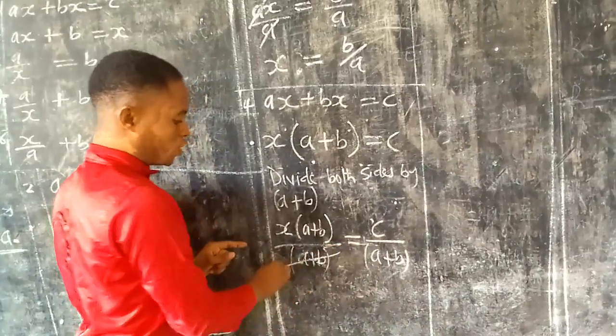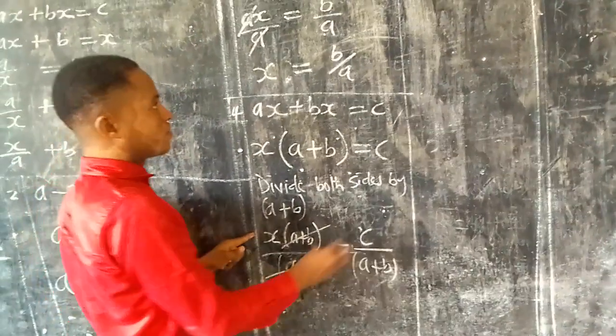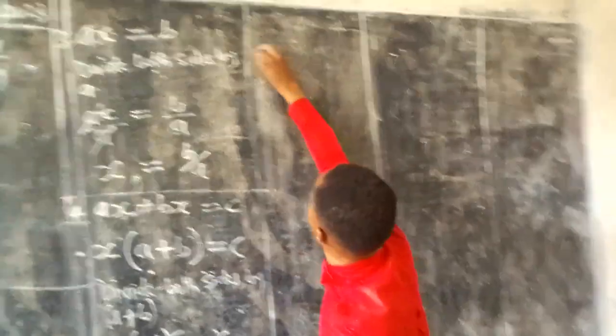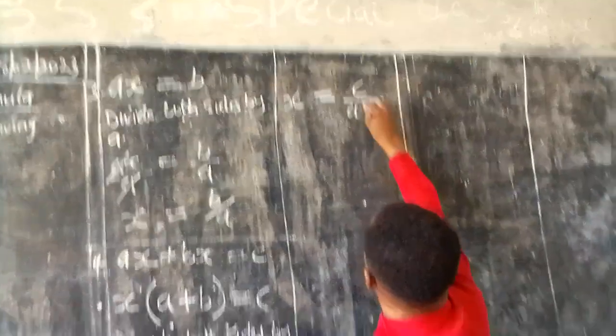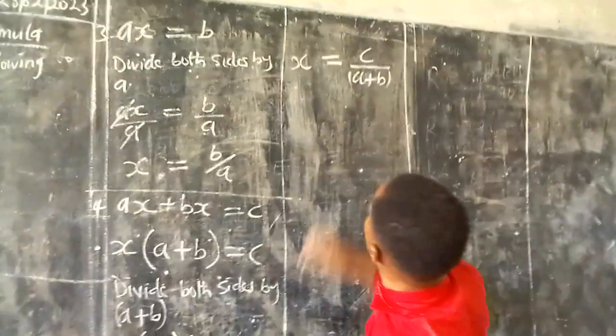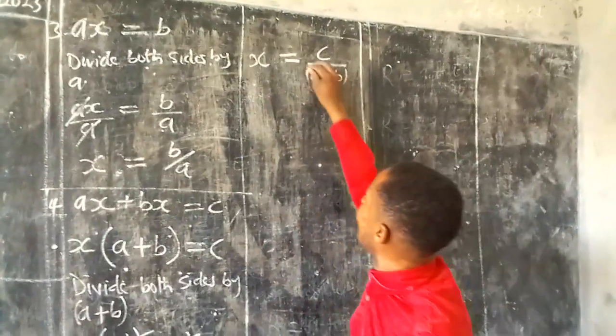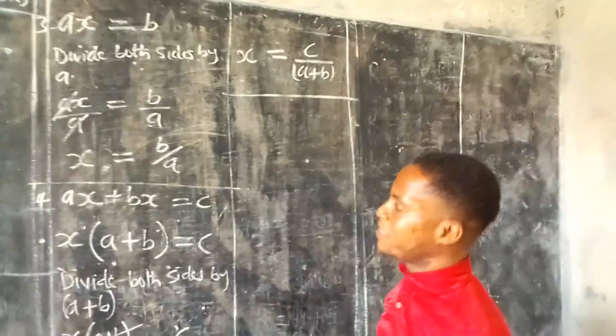So a plus b cancels a plus b. What remains is what? x equals c over a plus b. That is the answer. We can see how simple that is.